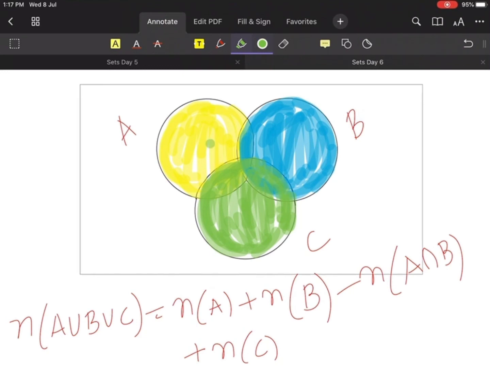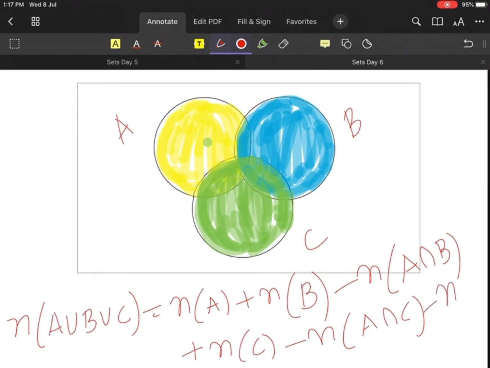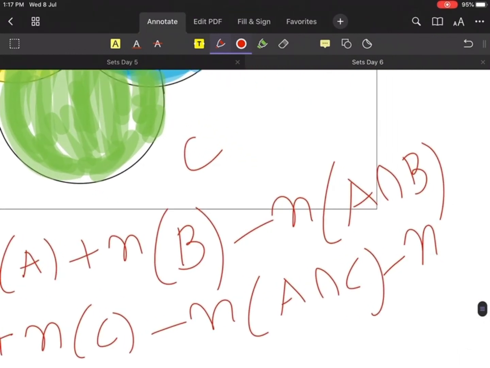Yes or no? So I will do minus N of A intersection C. Again, when I have taken C, I have taken another region twice. It is this region, the region between B and C. So I will do minus N of B intersection C, right?